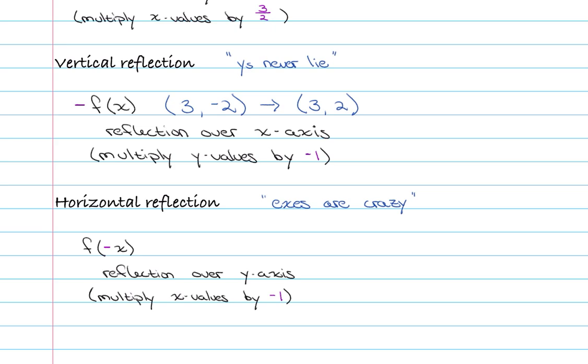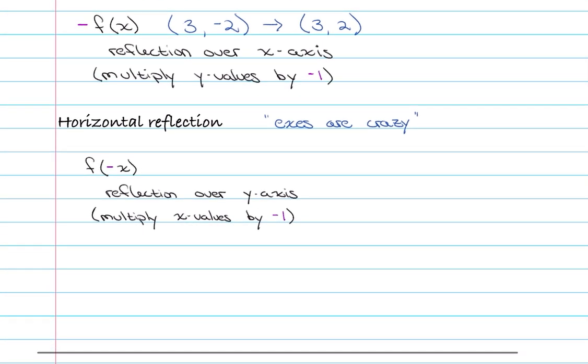For our horizontal reflection, we still want to remember that our x's are crazy, but in this particular case, it still is multiplying by a -1, dividing by a -1. Those are the same thing. Those end up with the same thing. So do notice where the negative sign is in this one. It is inside. That means it's acting upon the x.